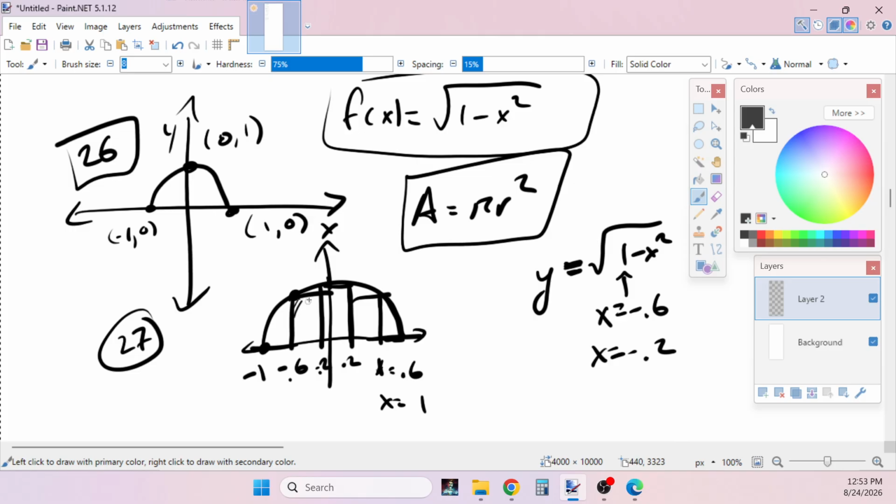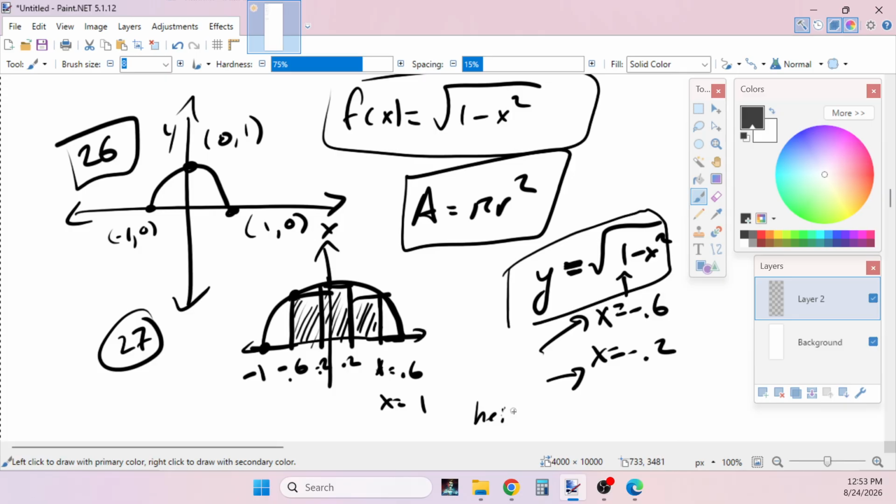And then you're going to find the area of these rectangles. Their width is 0.4. Their heights are whatever you got when you plugged the x values into Desmos. The height of the rectangle times the width, which we saw as 0.4, is equal to the area of that rectangle. You add up the areas for the 3 rectangles.